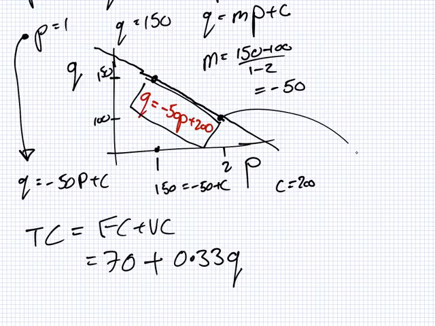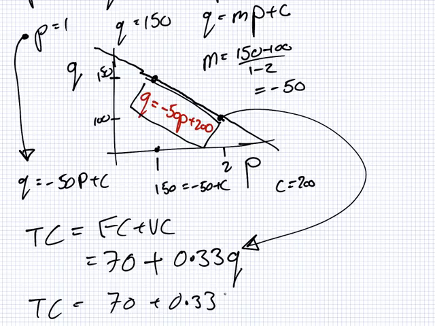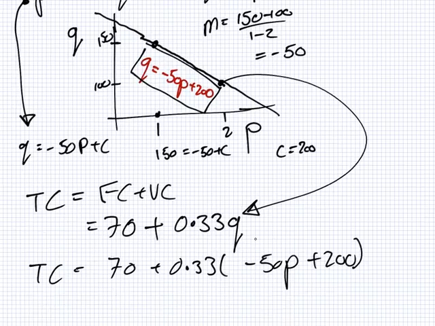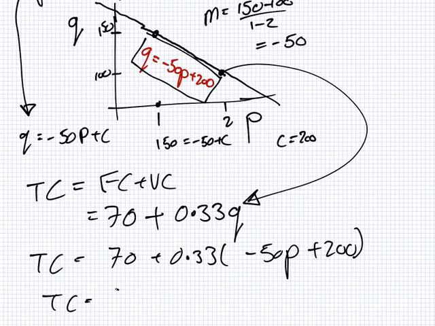Let's replace the Q with P. So the total cost is 70 plus 0.33 times minus 50p plus 200. Total cost is 70 minus 0.33 times 50, 16.5, plus 66.